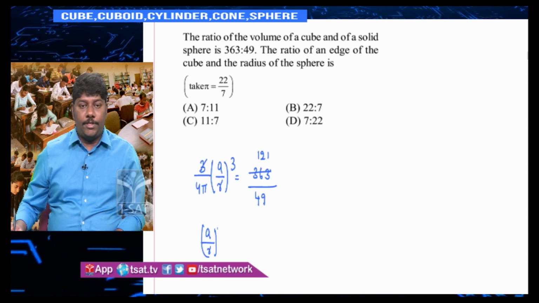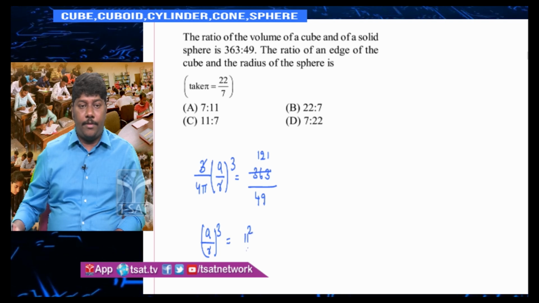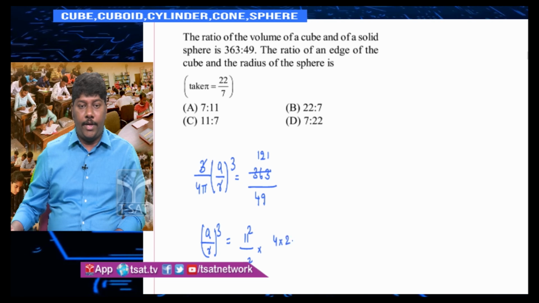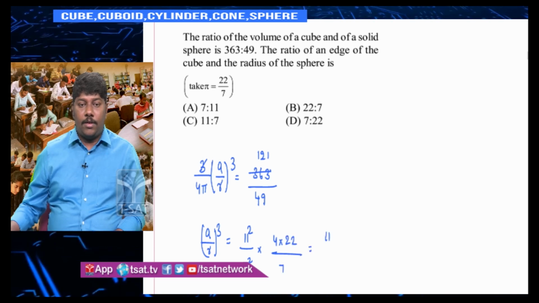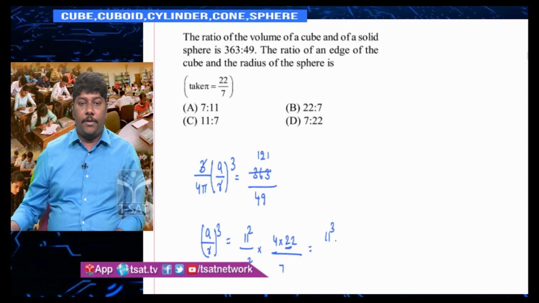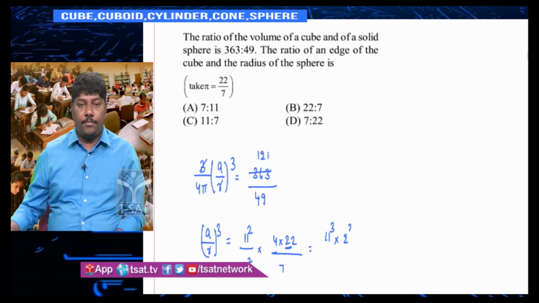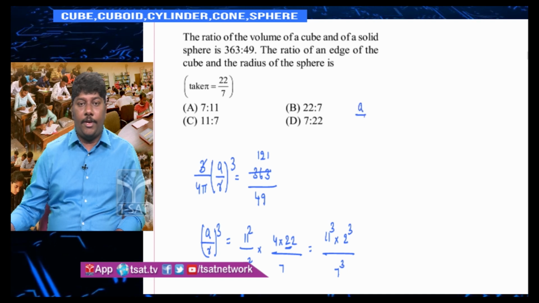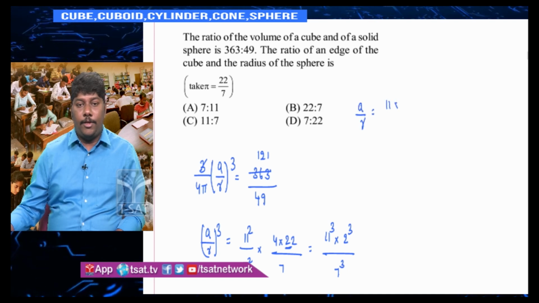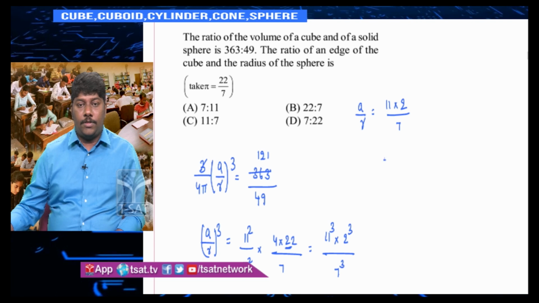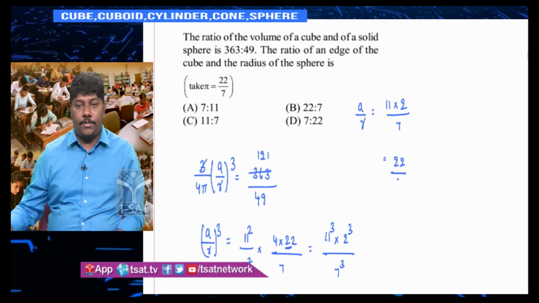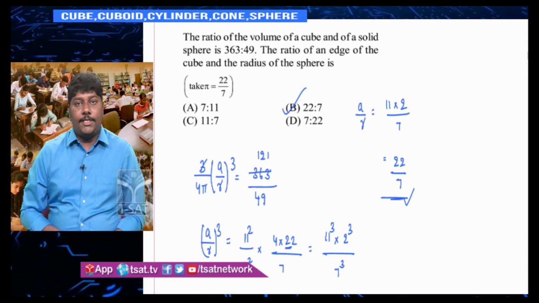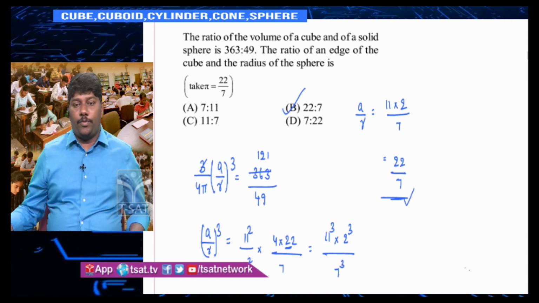A by R whole cube is equal to, this is 11 square, this is 7 square into 4 pi, 4 into 22 by 7. Here 11 cube, 2 will be left out. The 2 into 4 is 2 cube because it is 8 by 7 cube. Therefore, A by R becomes, you eliminate the cube, 11 into 2 by 7. So it is 22 by 7, or 22 is to 7. So answer is 22 is to 7. Actually pi is to 1.